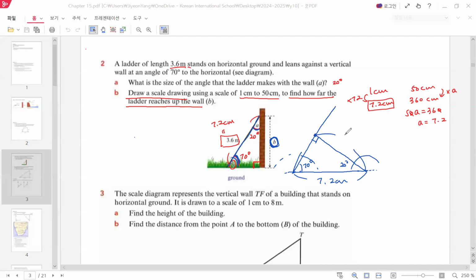So this is B. By using your ruler, you can measure this size, which is around 5.6 centimeters.